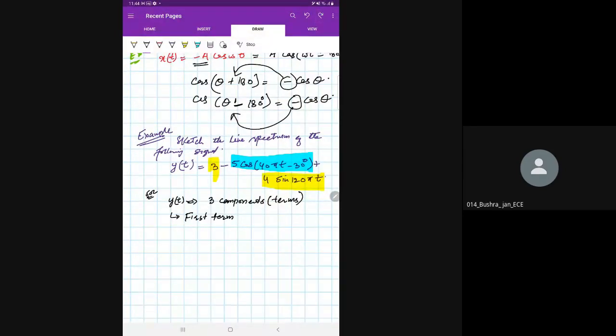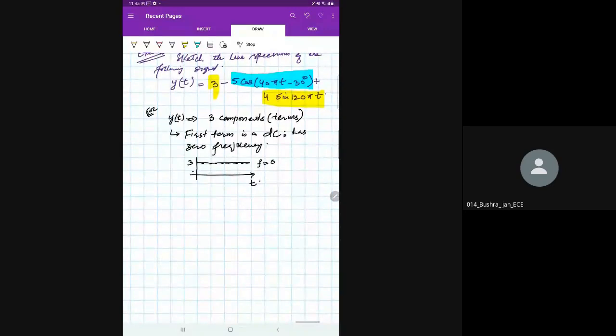First term is a DC. And for DC, you know that a DC term has zero frequency. So this is the DC term. ये T है और ये 3 है. And what is the frequency of the signal? Frequency is 0. So this is the first term.